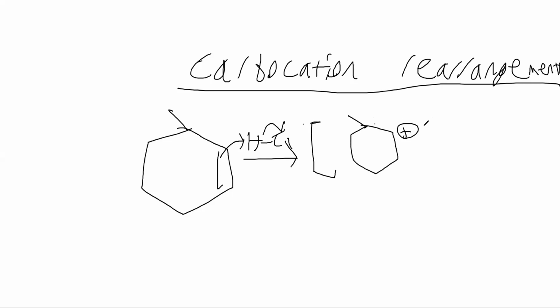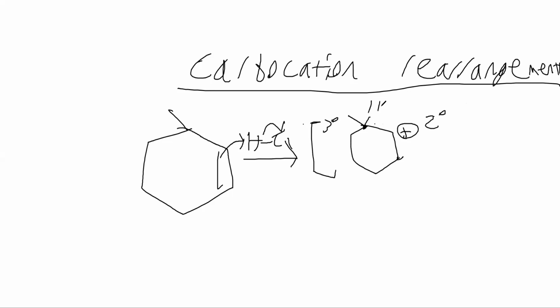This carbocation is secondary because it's bonded to 2 carbons. And this carbon up here on the top of that methyl group is a tertiary carbon. So this secondary carbocation is right next to a tertiary position, so it will do the carbocation rearrangement.